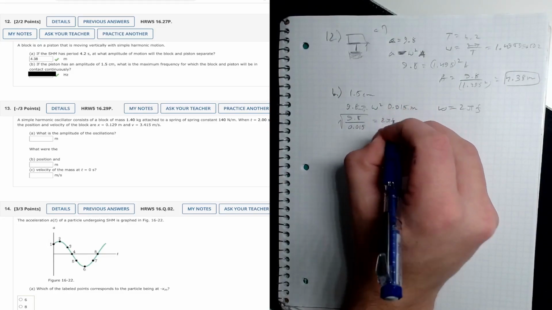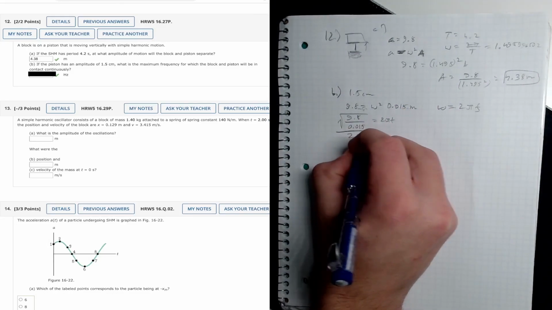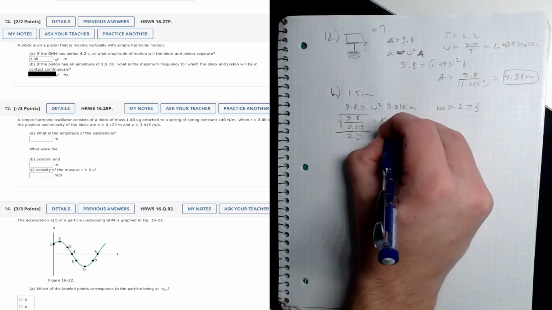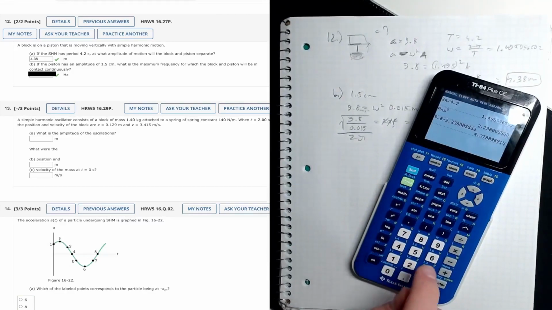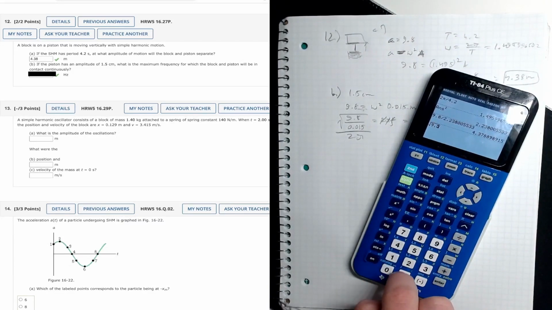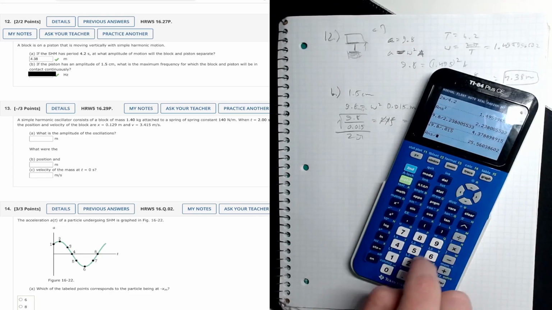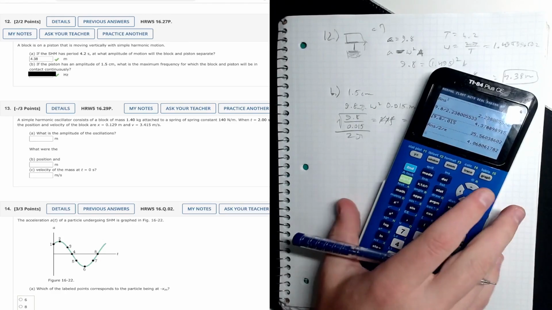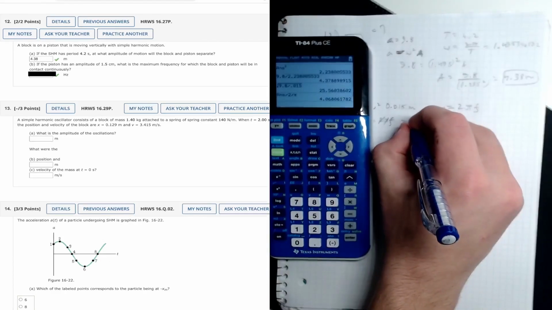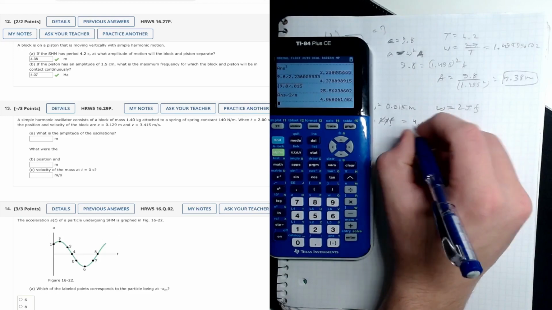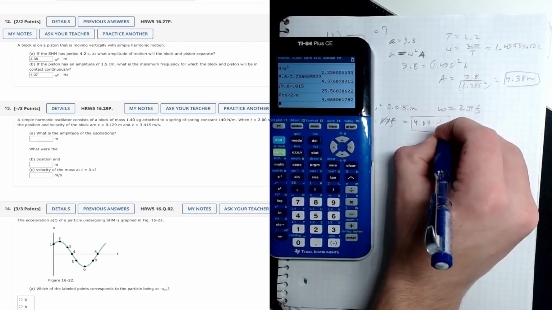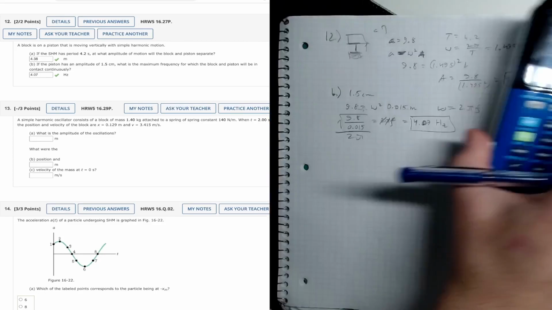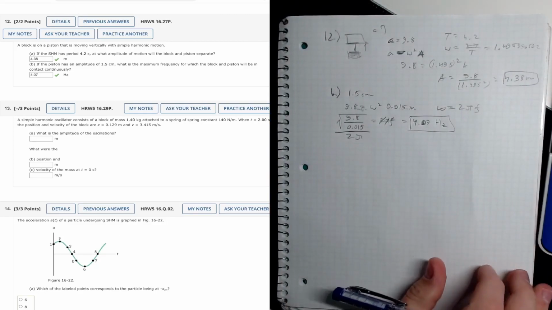Divide all this by 2 pi equals f. f equals the square root of 9.8 divided by 0.015, divided by 2 pi. It's going to be the frequency, 4.07 hertz. Right there, guys. And that, guys, is the answer to part B of question number 12.